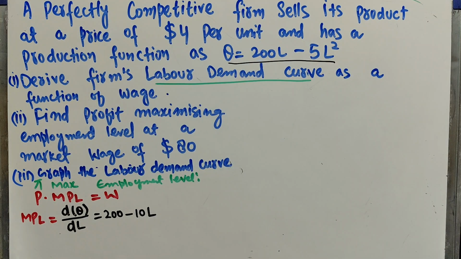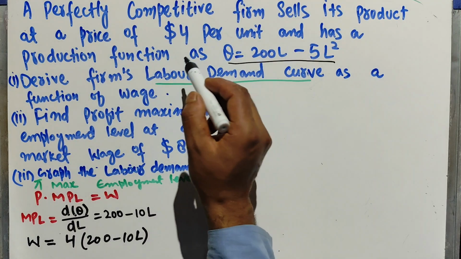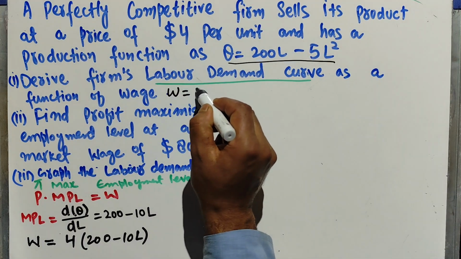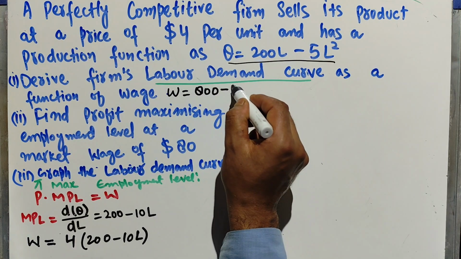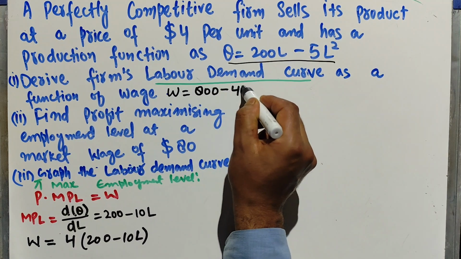Now using this condition, W is equal to price, which is $4, times the marginal product of labor, 200 - 10L. Solving further, W = 800 - 40L.